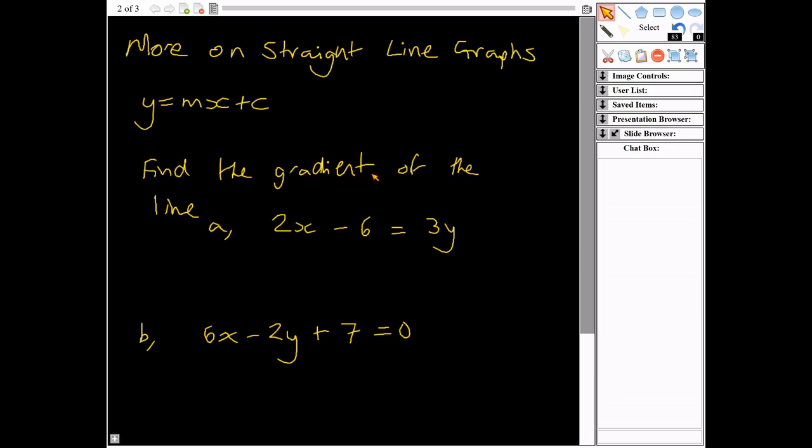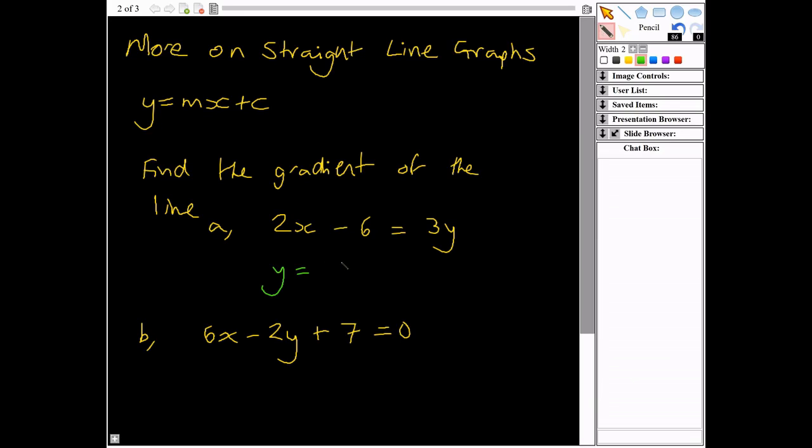So in order to find the gradient, what we need to do is rearrange the equation and put it into this form, y is equal to mx plus c. In this case, I've already got 2x minus 6, and then I've just got 3y. So all I need to do is divide through by this 3, and then write the equation the other way around. So I would write y is equal to, and since I'm dividing by 3, I need to divide the 2x by 3.